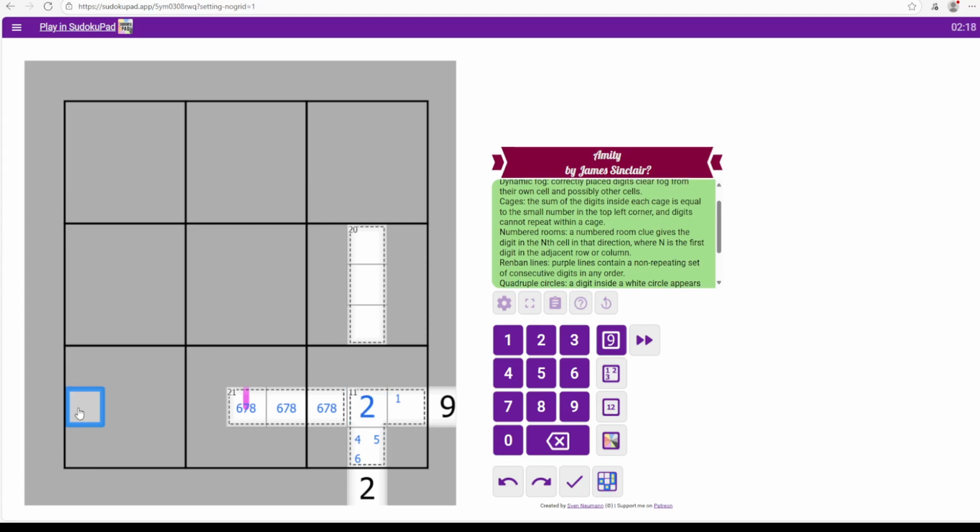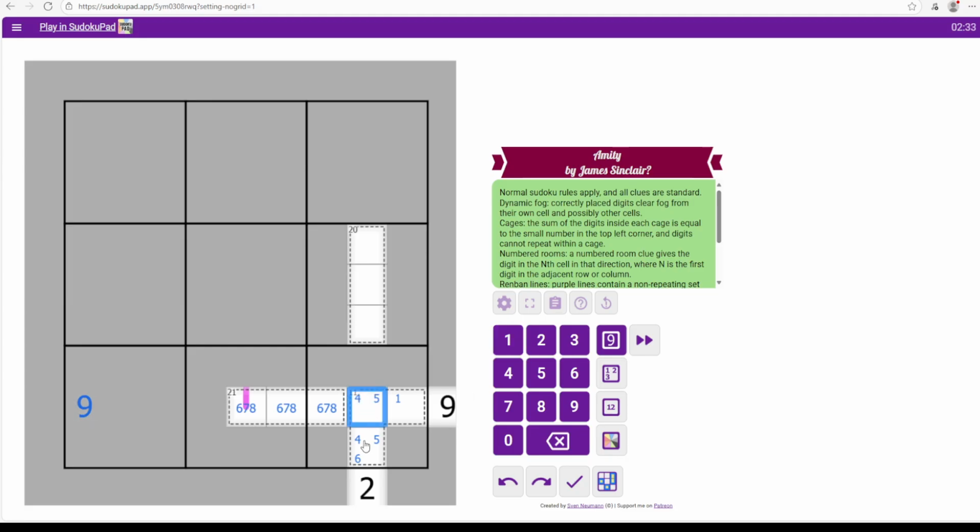And that should be a 9. But this should be dynamic fog, so that should clear. Oh wait, is that? Oh no, this is the first one, so that makes that a 2, and then that one should be a 9? No, 1, 2. Okay.